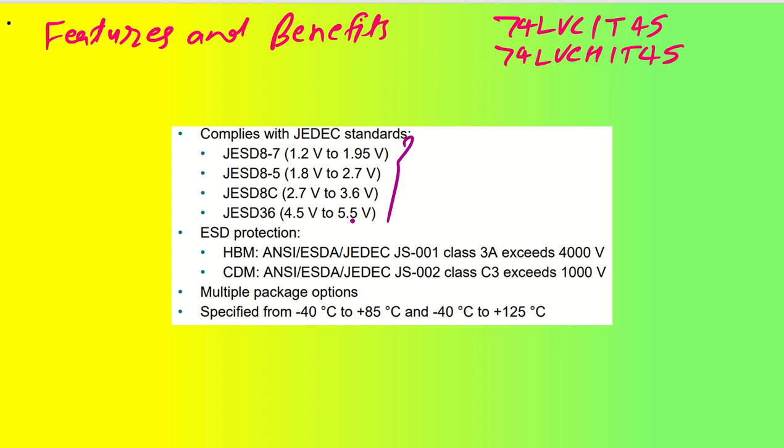This is how the setups are: this is for 1.5 volts, this is 1.8 or 2.5 volts, this is 3.3 volts, and this is 5 volt logic. You can see the human body model, HBM, exceeds up to 4000 volts, and CDM exceeds up to 1000 volts of ESD protection.